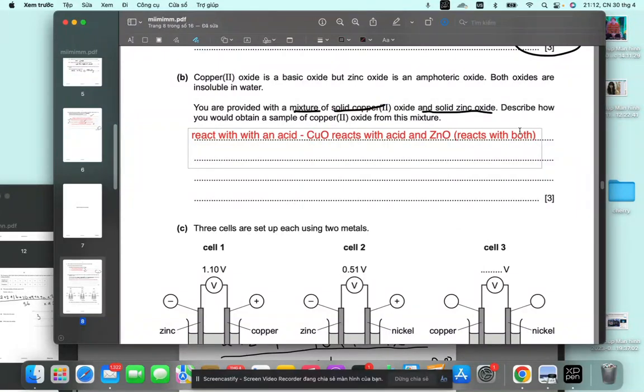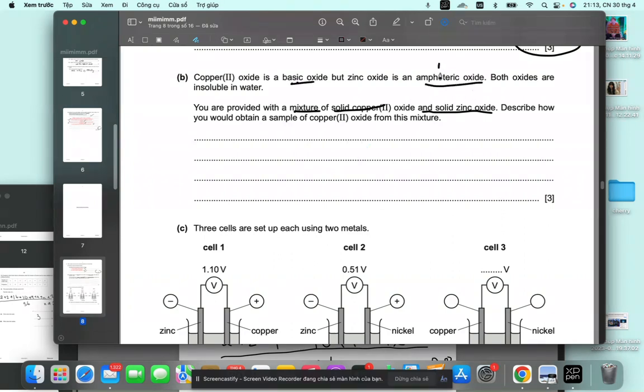Oh, so we can't do this because it reacts with both. So we can't do this. Let's see. Basic oxide. But zinc oxide is an amphoteric oxide. Amphoteric means it reacts with both.